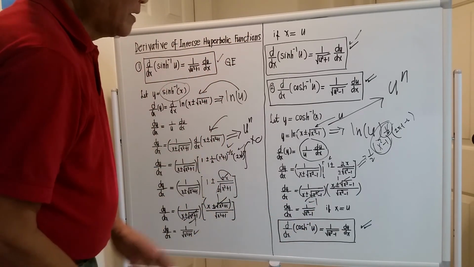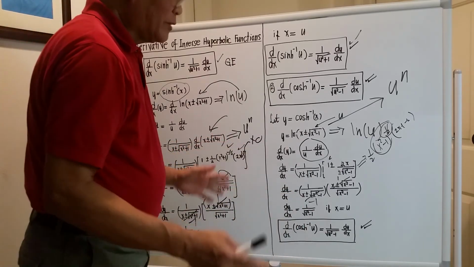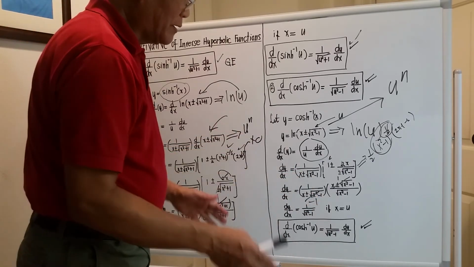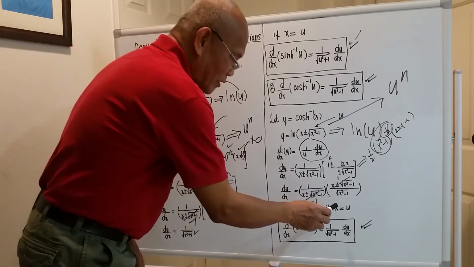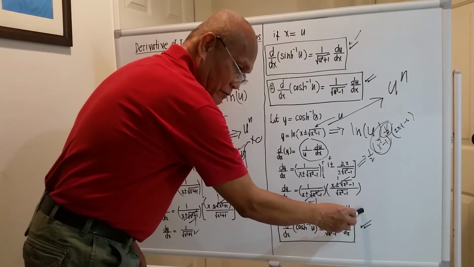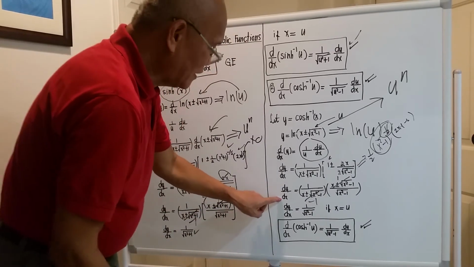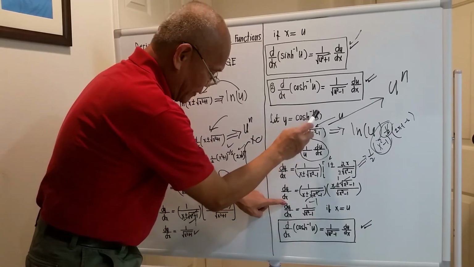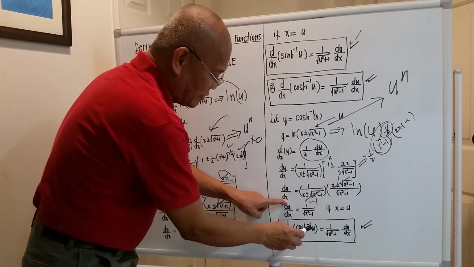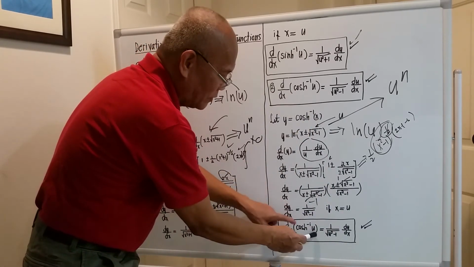Okay, no magic. So to bring up now the general equation for taking the derivative of inverse hyperbolic cosine, we try to replace this x here by u. So by following this, the derivative with respect to x of y, what is y? Inverse hyperbolic cosine. It is inverse hyperbolic cosine of u.